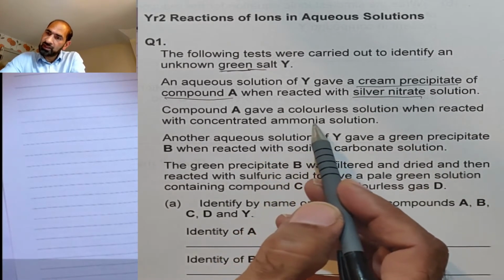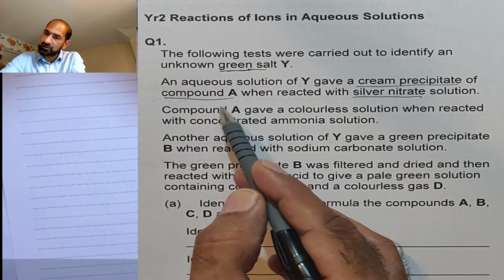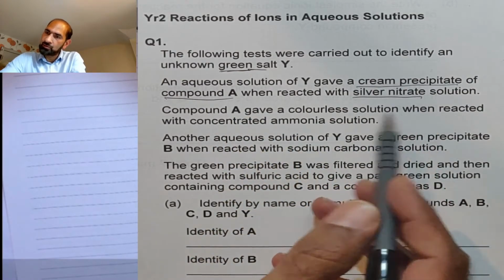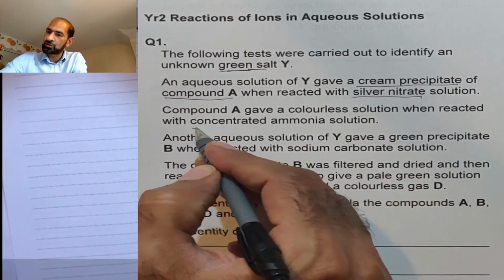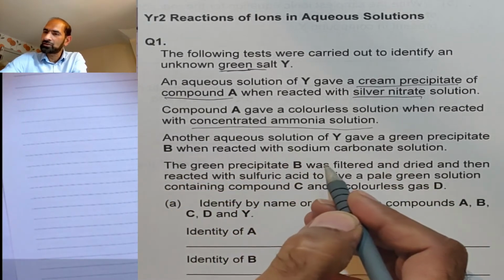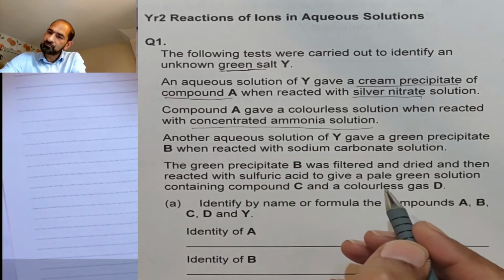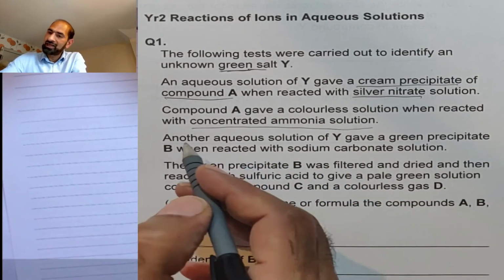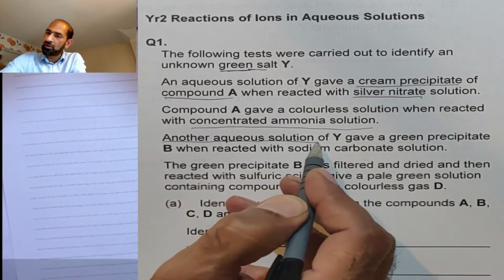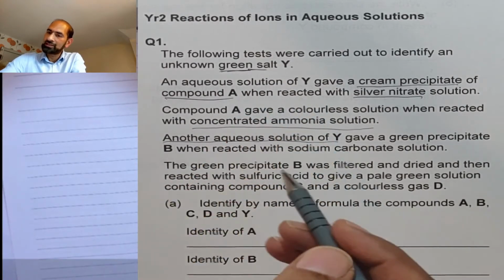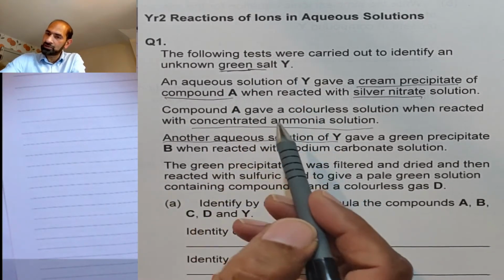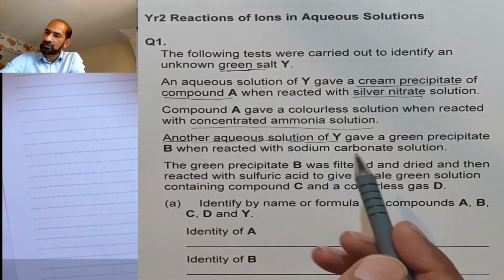Compound A gave a colorless solution when reacted with concentrated ammonia solution. Again, where have we ever used concentrated ammonia solution in one of our tests? Another aqueous solution of Y. So not the same one, but a separate solution. It's the same Y solution, but they're taking a fresh sample for the next test.